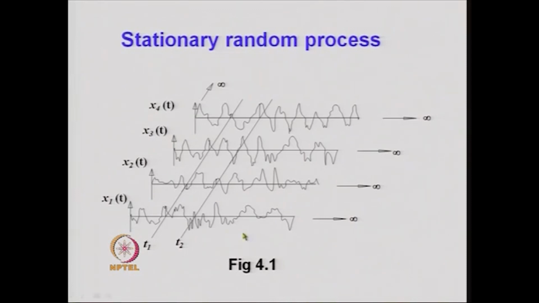Similarly, we can get an ensemble average at times t2, t3, t4, and so on. Now, if it is found that these ensemble averages are the same or more or less the same, then we can say that this ensemble average is independent of the time shift.